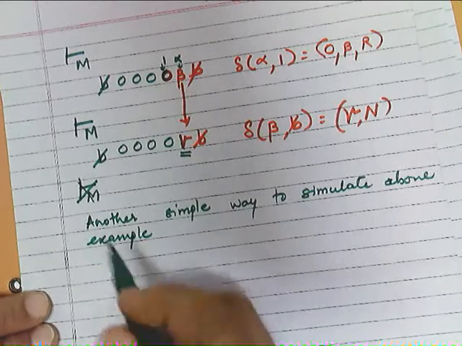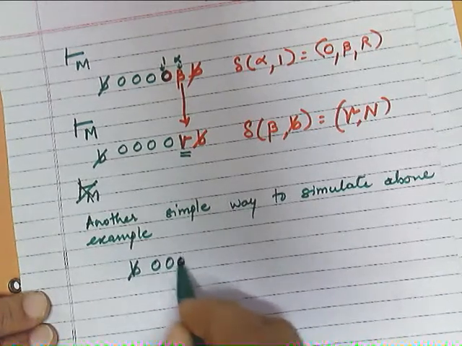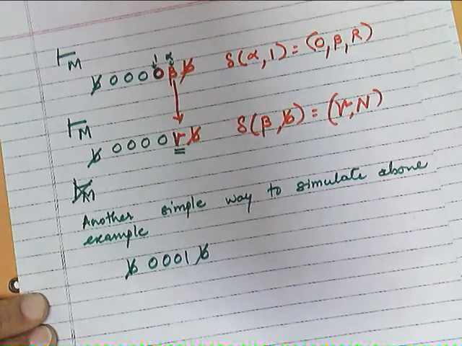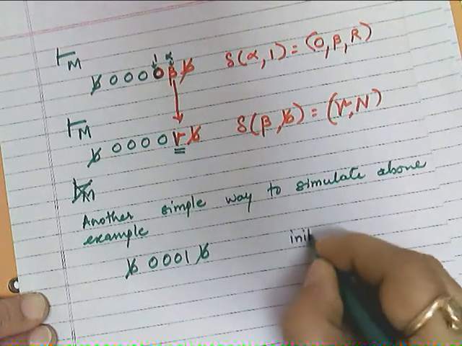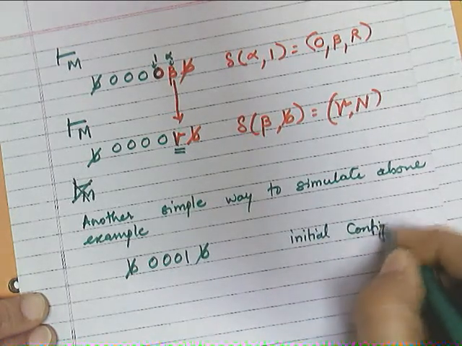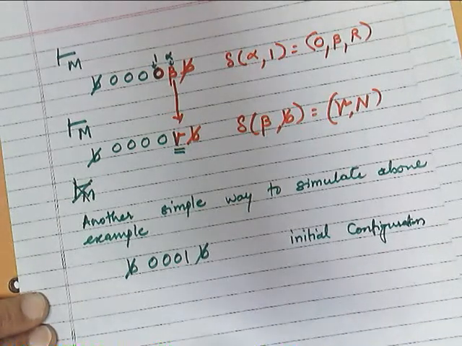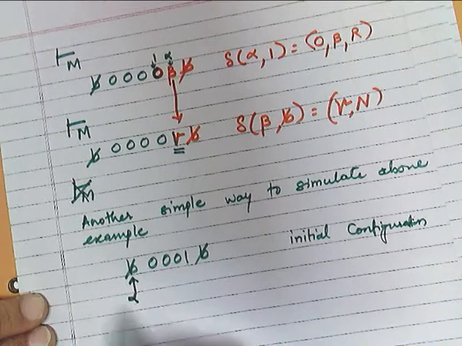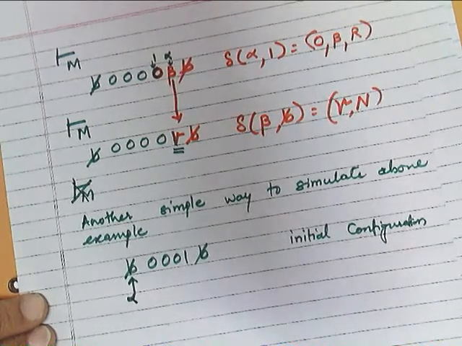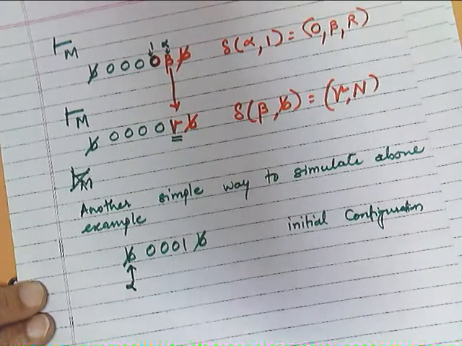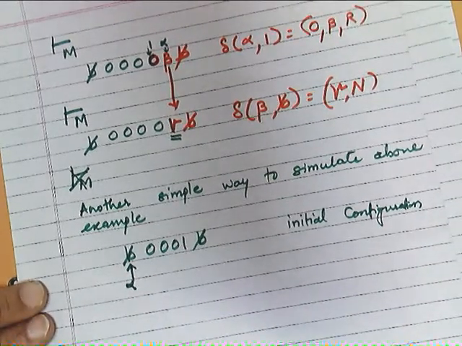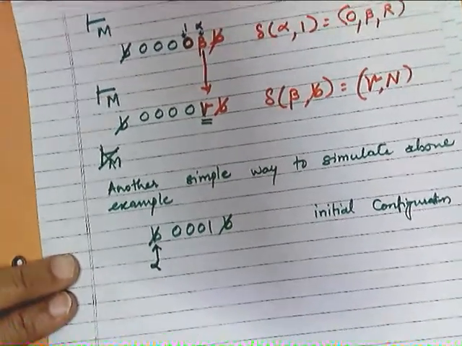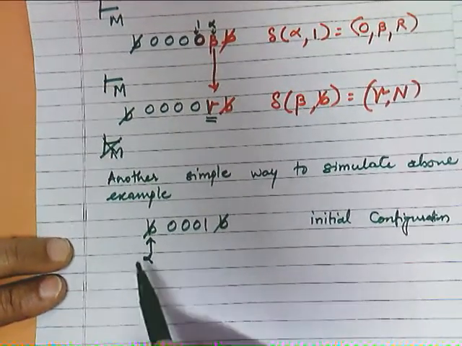We can just write down blank 0 0 1 and blank, which is the initial configuration. You just notify that currently your head is on the blank and the state is alpha. This is a better way to understand the current instantaneous description of a Turing machine. So with this it is more easy.